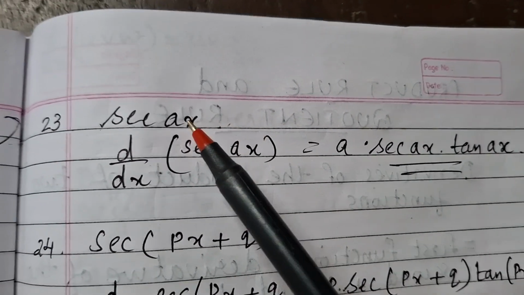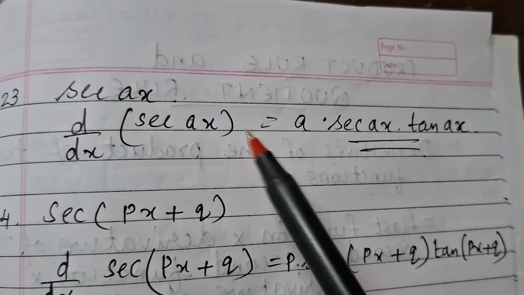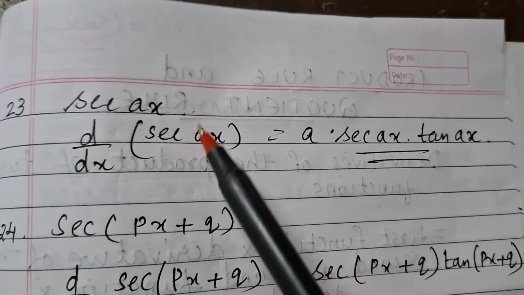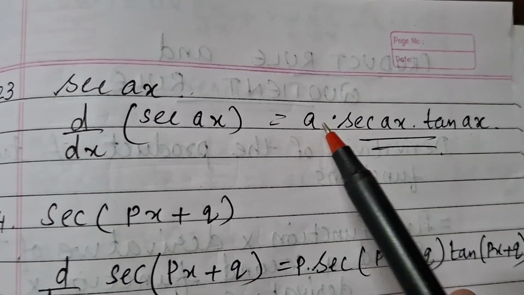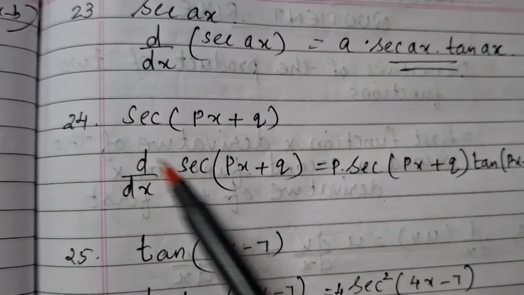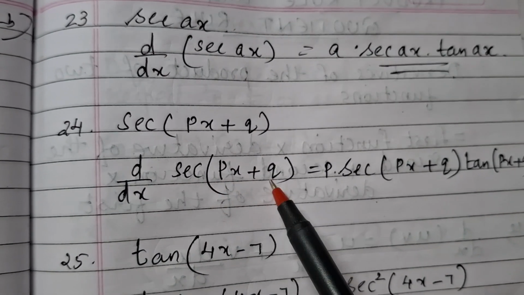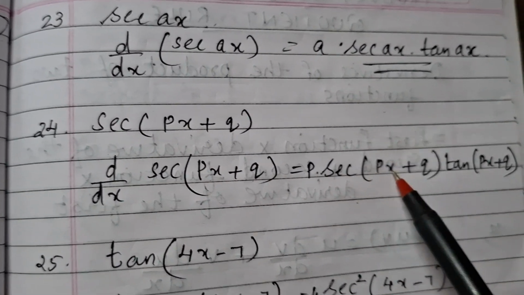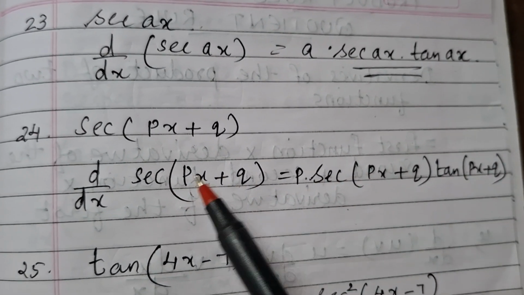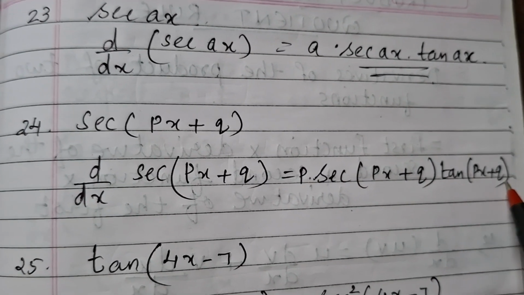Similarly, sec x. d by dx of sec x we know is sec x tan x. So sec ax will be sec ax into tan ax. Then this ax also we have to differentiate, so a into sec ax into tan ax. Then question number 24, sec px plus q. d by dx of sec px plus q: sec x derivative is sec x tan x, so it is sec px plus q into tan px plus q.